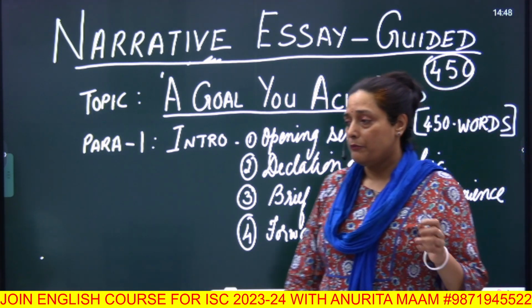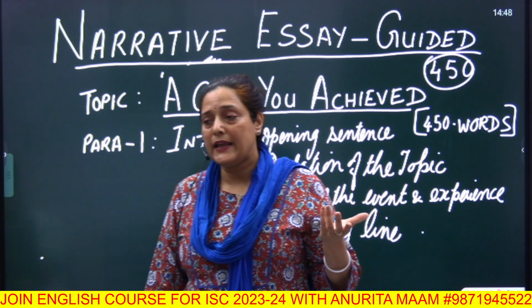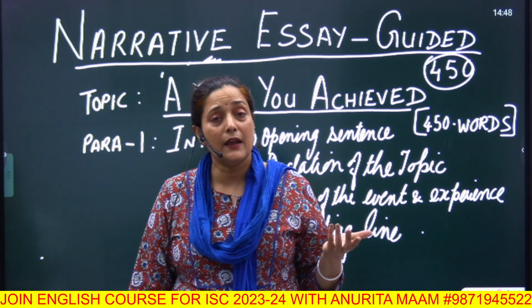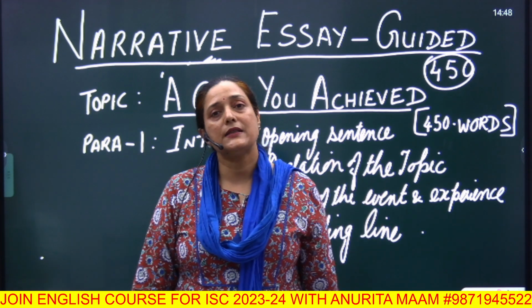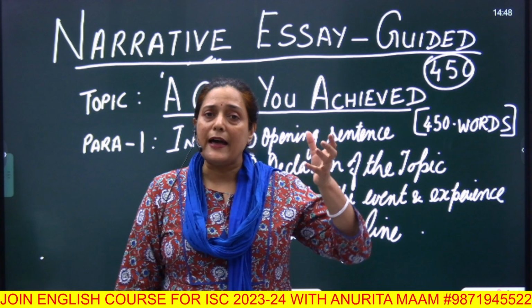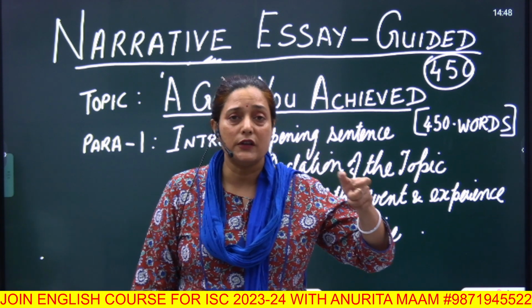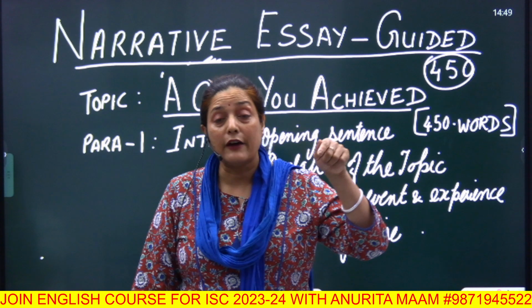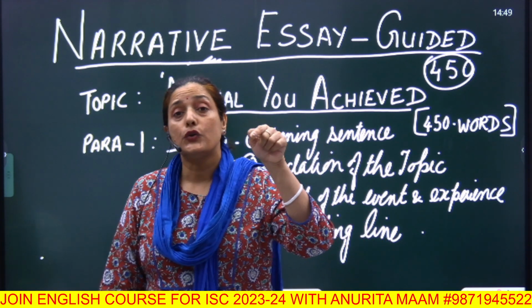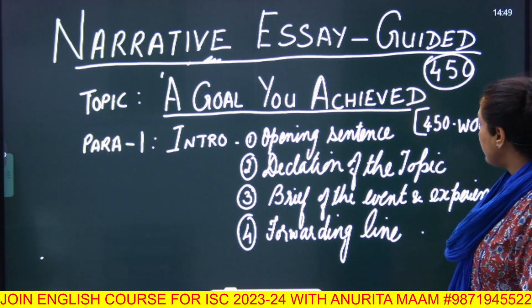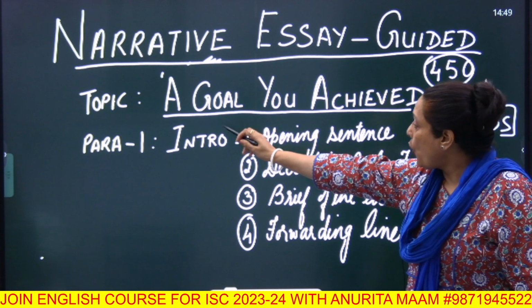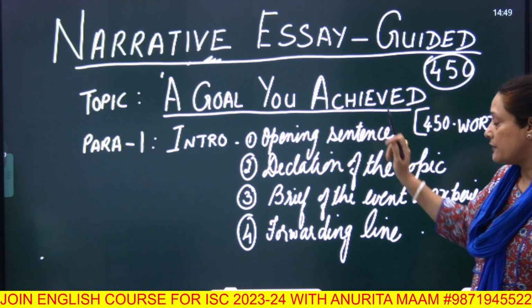If you are much below the word limit, even then it is considered to be a negative thing. But if you go above the word limit, even then there is negative marking. So we have to stay within the range of 450 words, and we have to drive our point through and through. So if we are writing a narrative, and the topic is a goal you achieved.